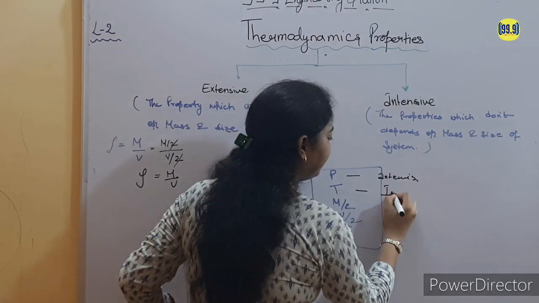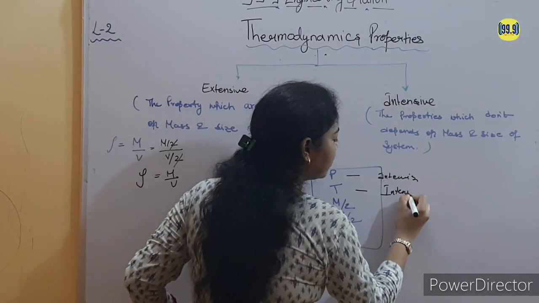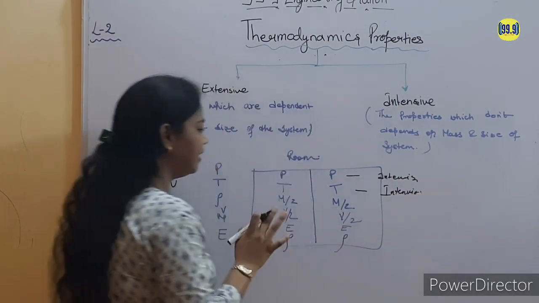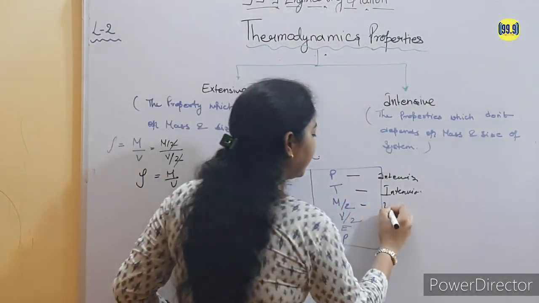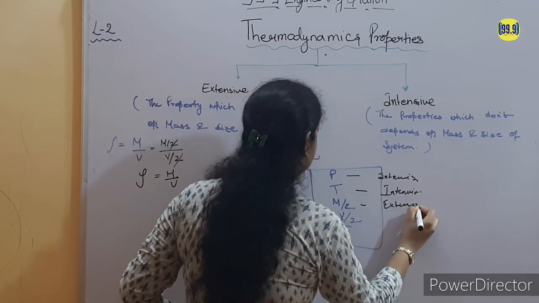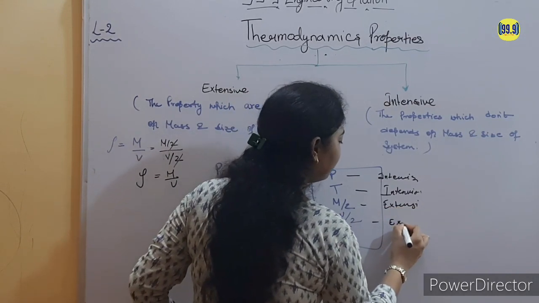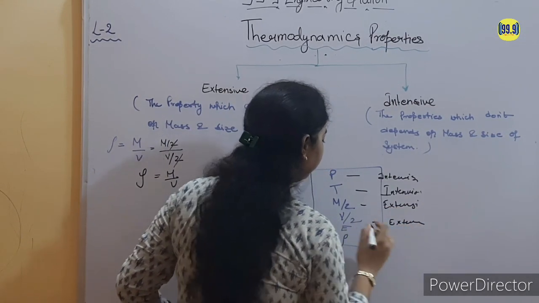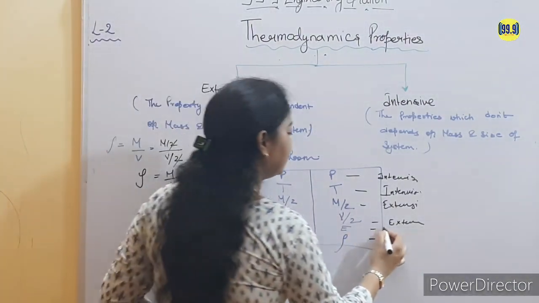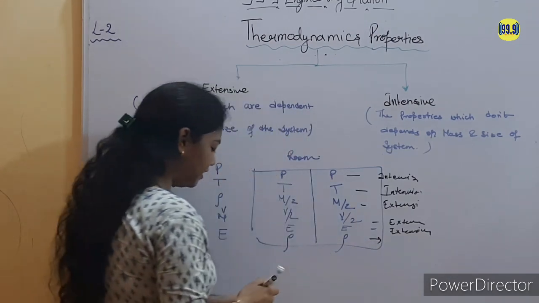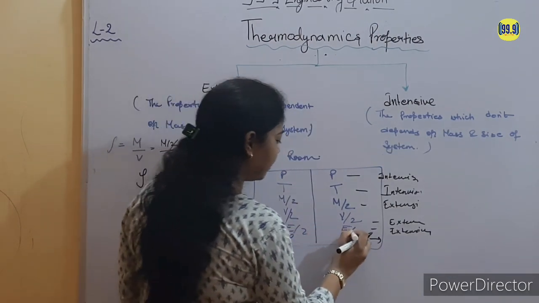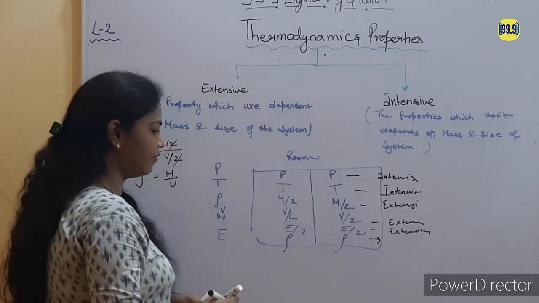Temperature is also independent of mass and size, so this is an intensive property. The molecular weight is an extensive property, and volume is an extensive property. Energy is also divided into two parts, that's why it comes under the extensive property.